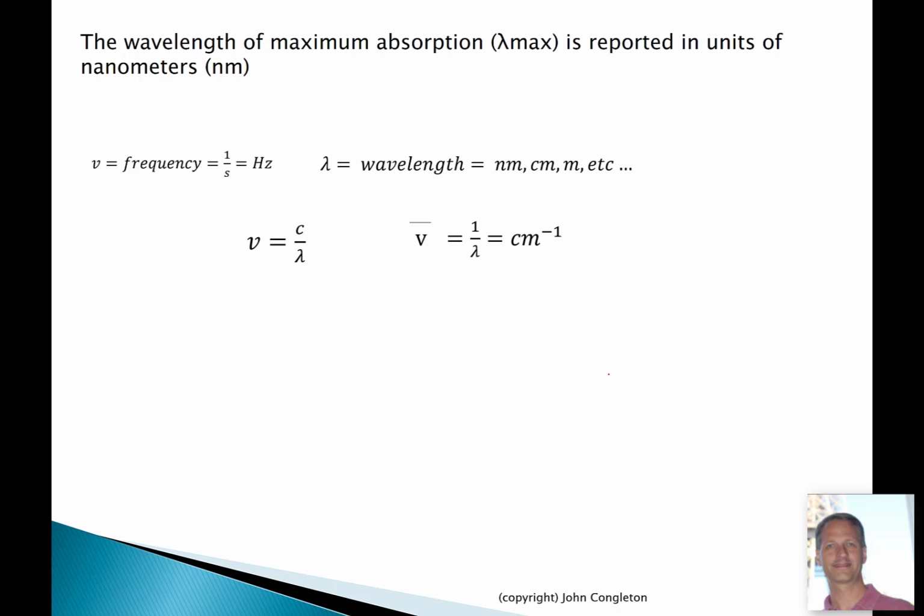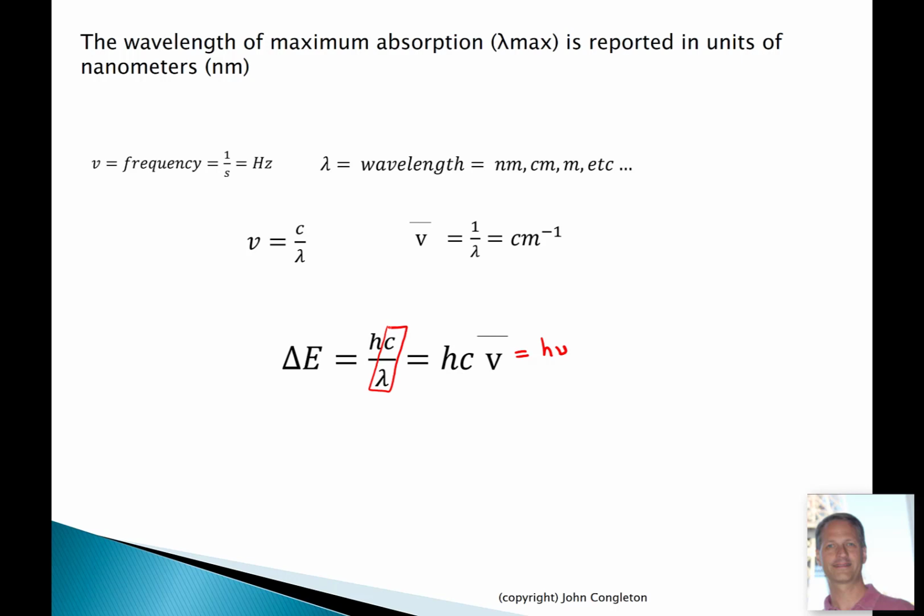All of that can be related to our delta E. Our delta E is hc over lambda, or hc times our wave number. And of course, this is also equal to h times our frequency, since our frequency is c over lambda.